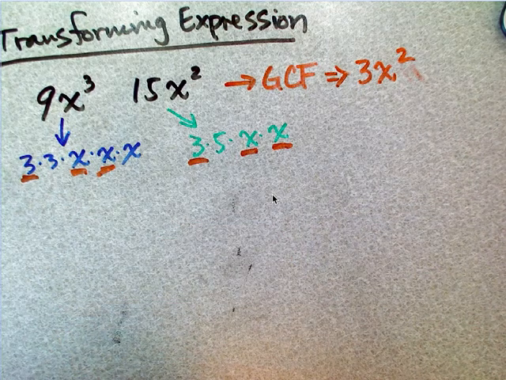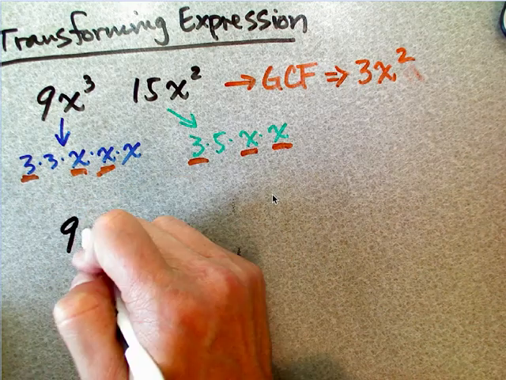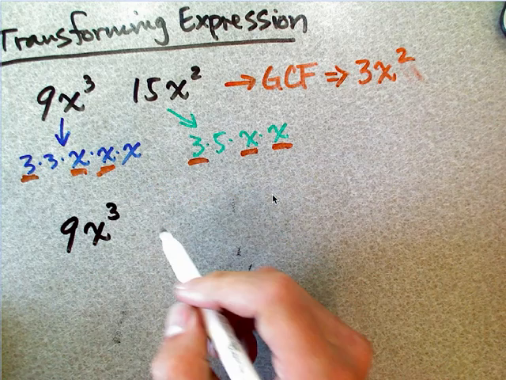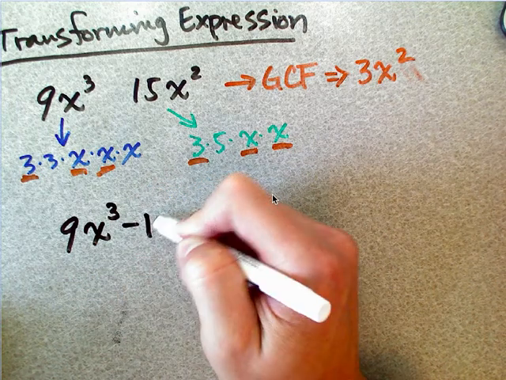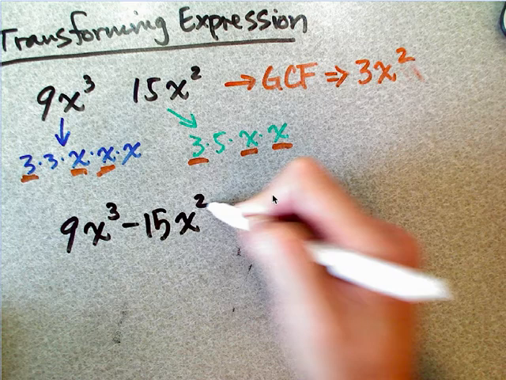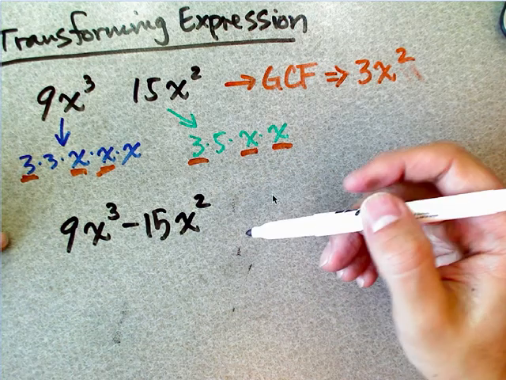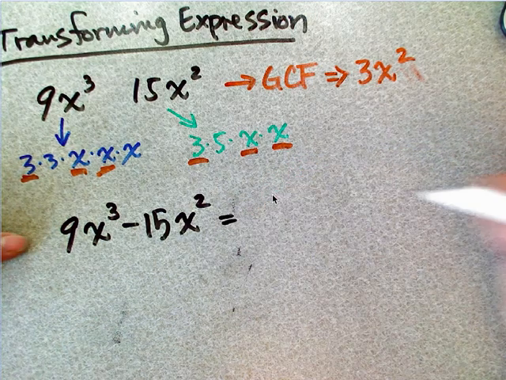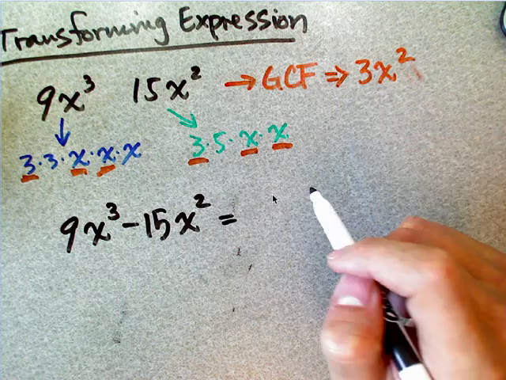Now, let's factor 9x cubed minus 15x to the second power. Let's transform this expression into another form using this greatest common factor.